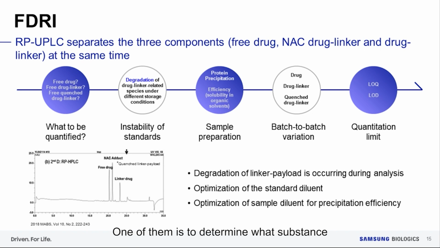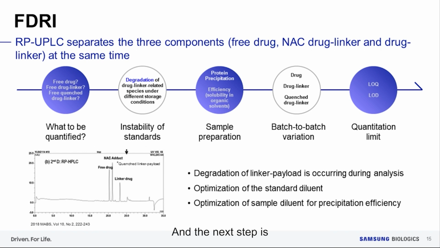One of them is to determine what substance you want to quantify in terms of specificity. You want to analyze only free drug or free drug and drug linker, or want to monitor drug linker, and quench drug linker. You should determine what to be quantified.